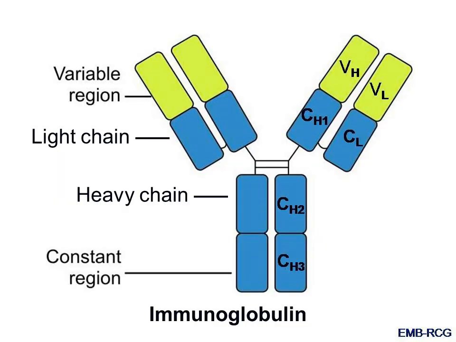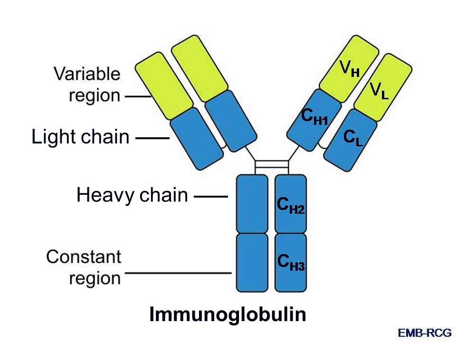This is the basic structure of immunoglobulins, which we have seen earlier. The molecule is made up of two light chains and two heavy chains. The light chain can be divided into a variable region and a constant region. Similarly, the heavy chain also can be divided into a variable region and a constant region.